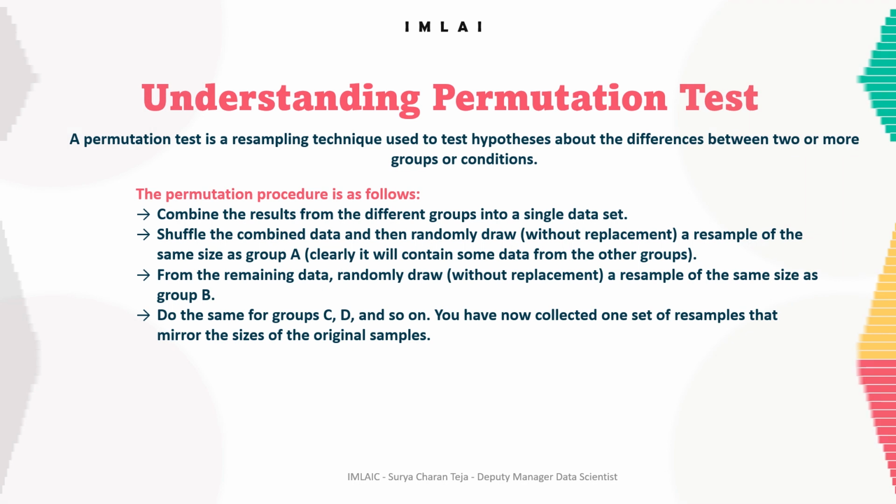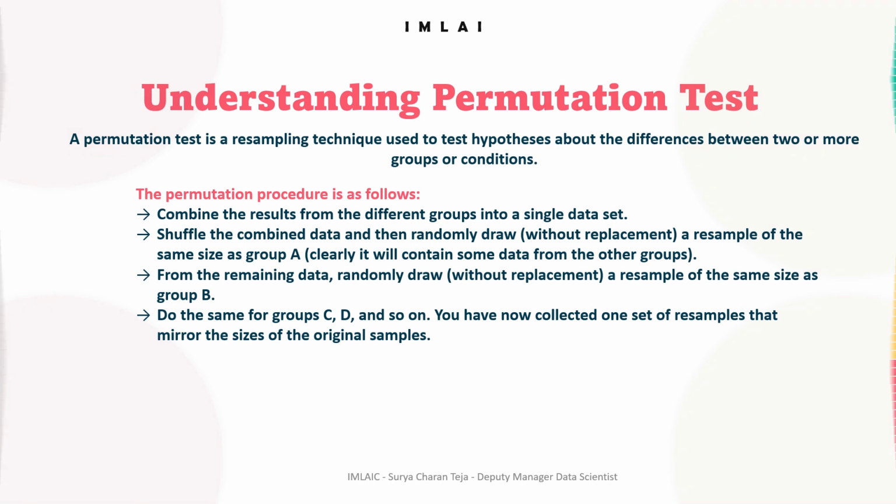If you are doing it for more than four or five groups, you have to do the same for each group, and then you have now collected one set of resamples that mirror the sizes of the original samples. After doing the four steps, one set of resamples was collected.